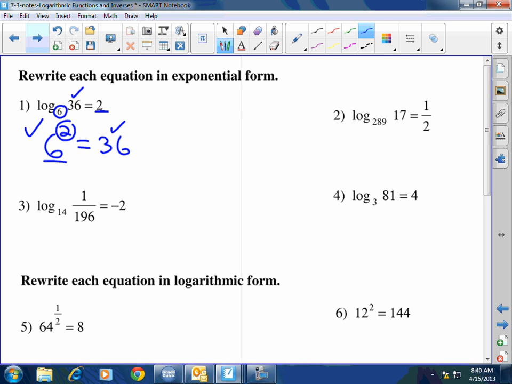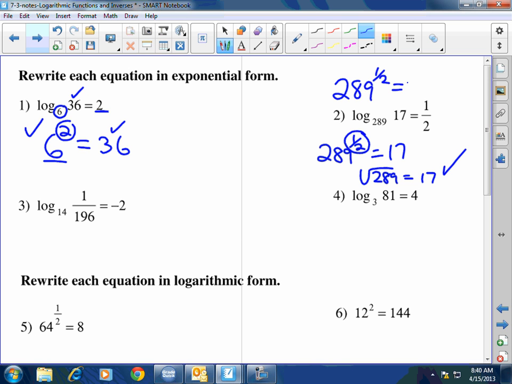Okay, check this out. Base 289 to the 1/2 power equals 17. And that does work, because what does the 1/2 power mean, guys? Square root, thank you. The square root of 289 does equal 17. Everything is kosher. But how do you write this as an exponential again? Base b to the y power equals x. Done.